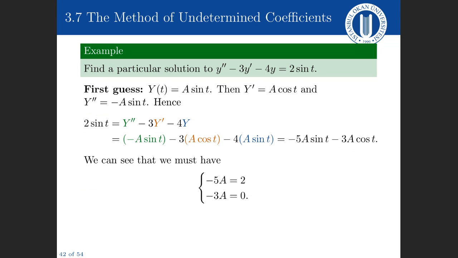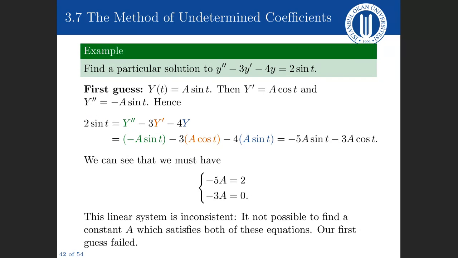This linear system does not have a solution. This linear system is inconsistent. It's not possible to find a constant capital A which satisfies both of these equations. So this guess was a failure. So we guess again.